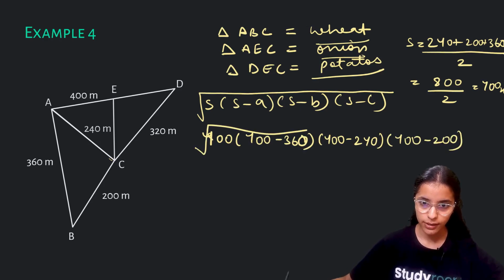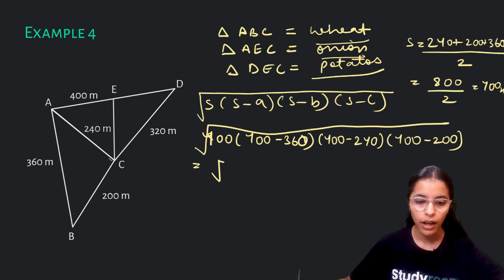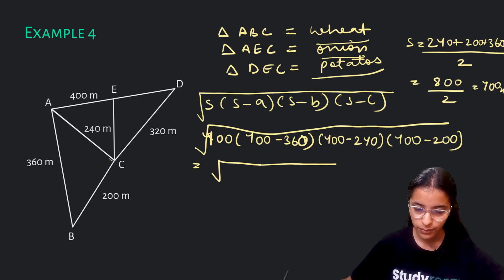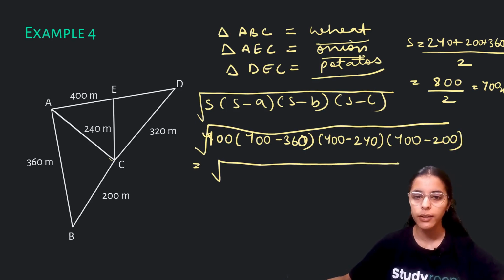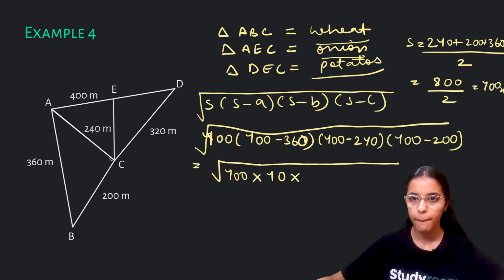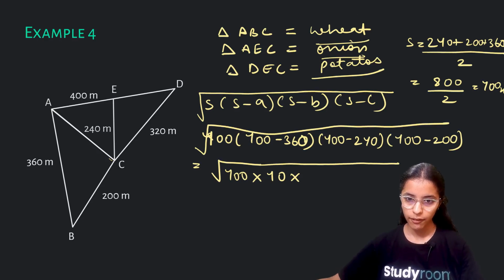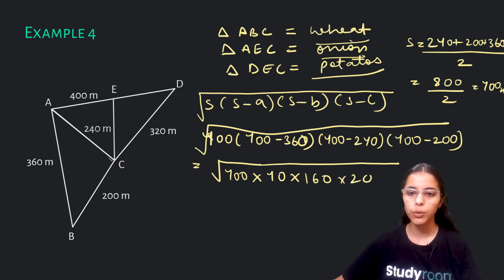Once we do this, we get 400 into 40, then 160, and 400 minus 200 is 200.